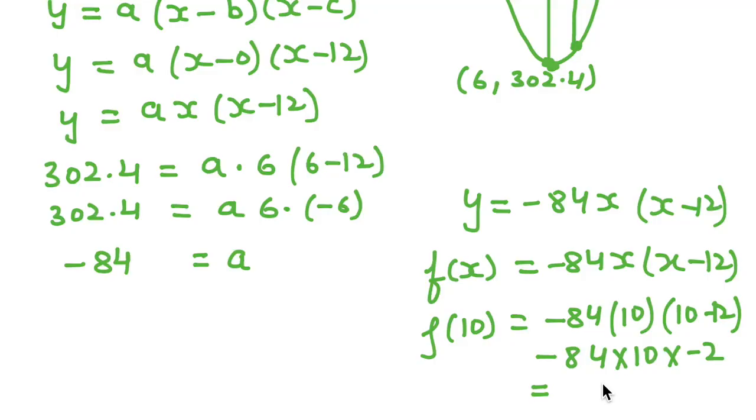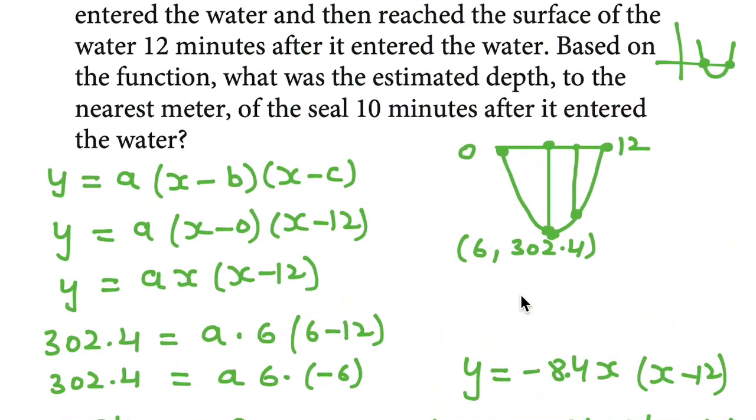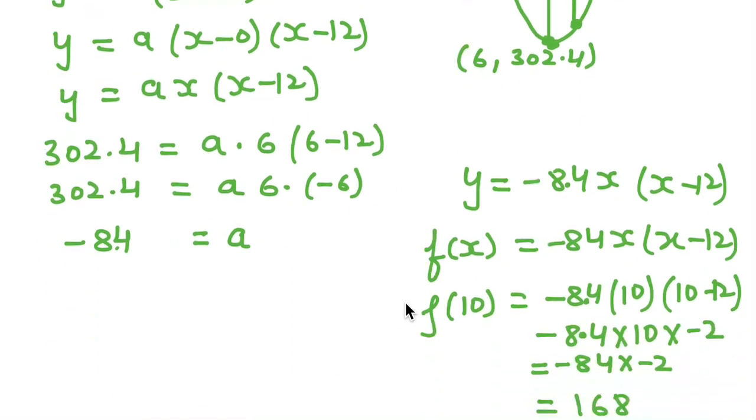Is it 84 or is it 8.4? Okay, that is 8.4. My bad. So that will be negative 84 times negative 2, and that is 168. Correct? So after 10 minutes, its depth will be 168 meters.